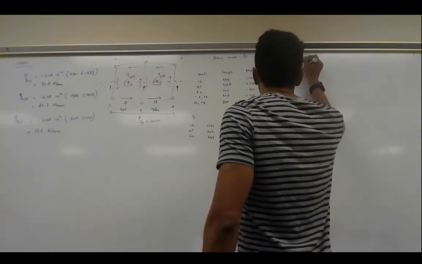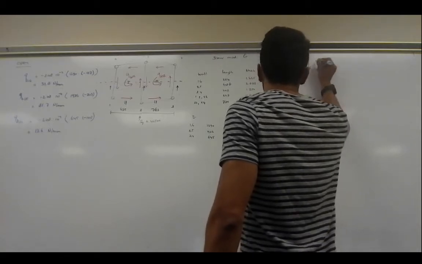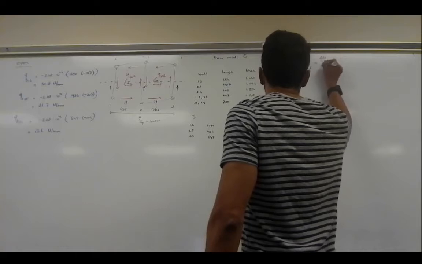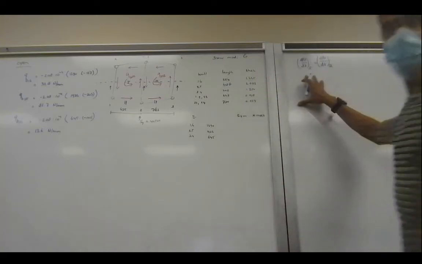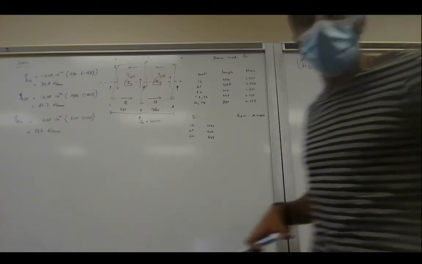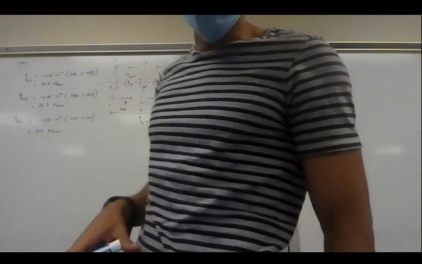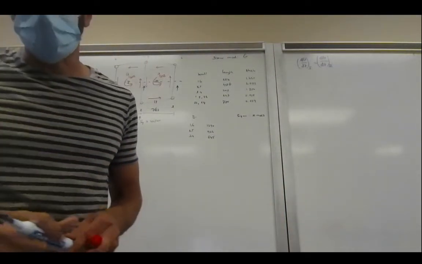The rate of twist is d theta dz, and cell 1 is equal to the rate of twist in cell 2. This is always valid in a multi-section. So this gives us an additional equation together with our moment equivalence equation, and we can solve it.